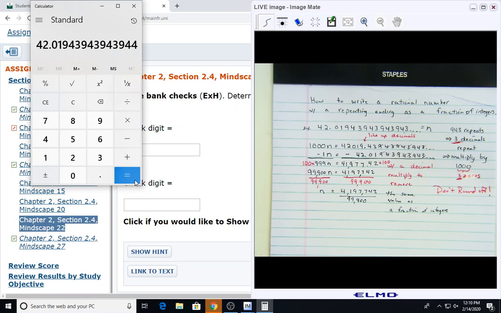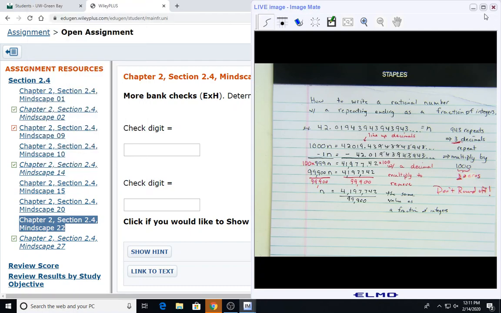So 4,197,742 divided by 99,900 gives us our original number. The last digit there is rounded by this calculator. So it would be a 3, except the digit afterwards is a 9. So this calculator rounded that up.